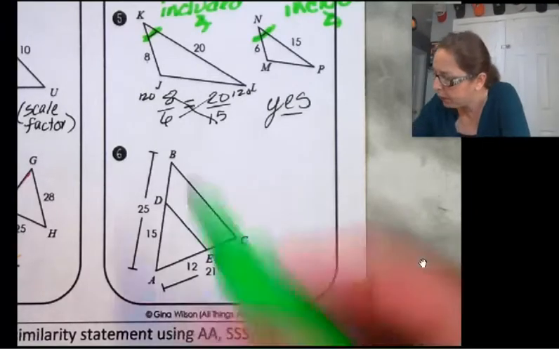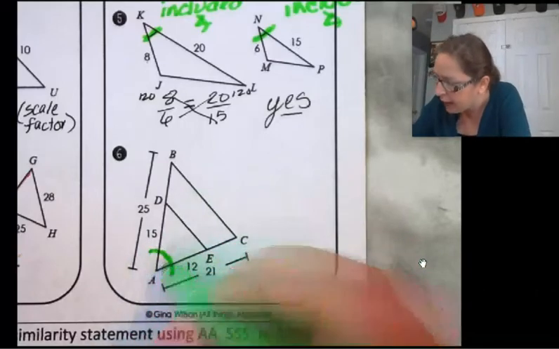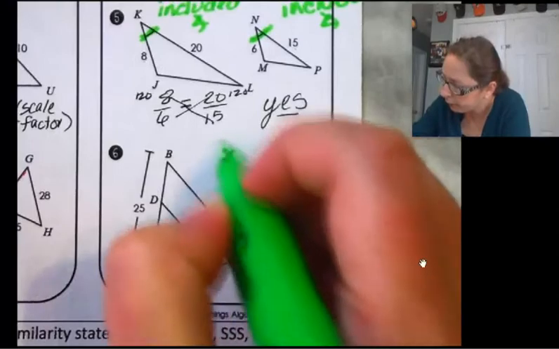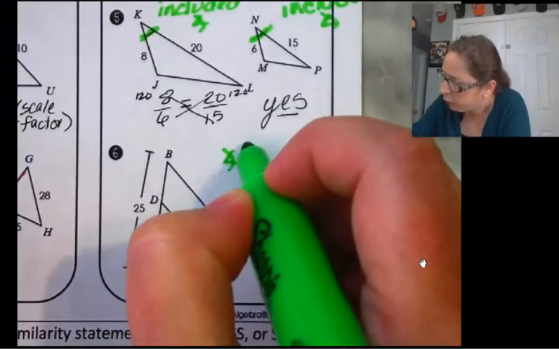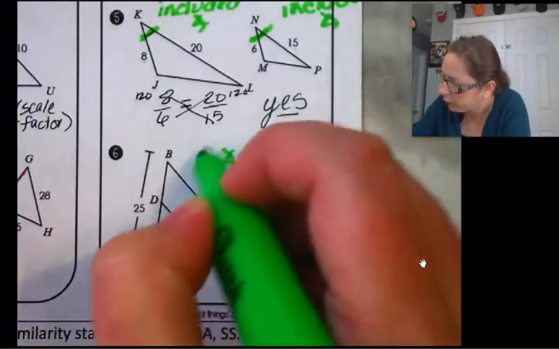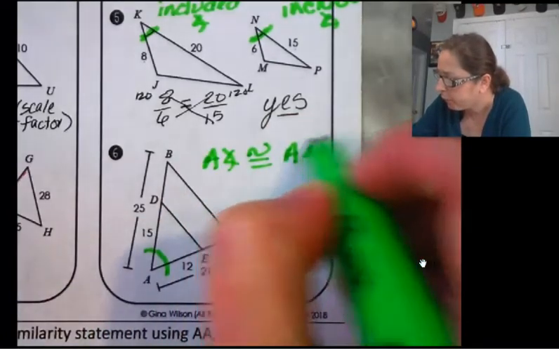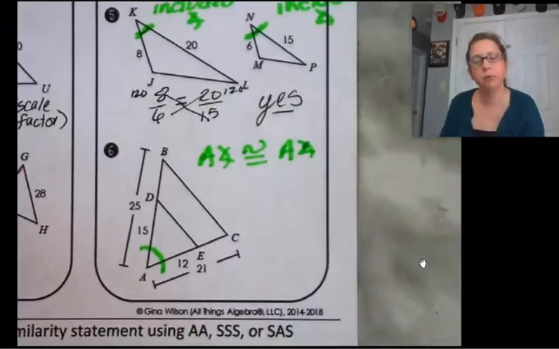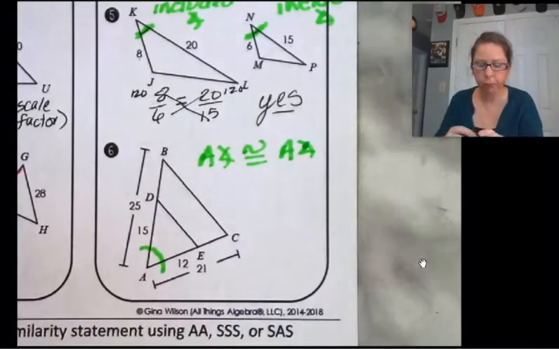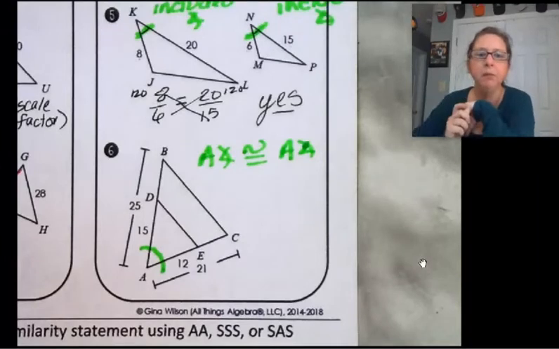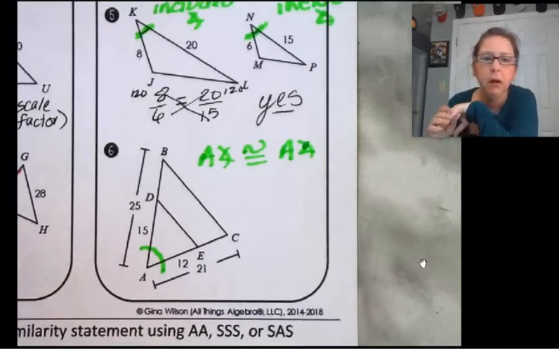Well, they share angle A. And I know that angle A is congruent. A is congruent to A, okay, by the reflexive property. It's always congruent to itself, okay? So that's my included angle.